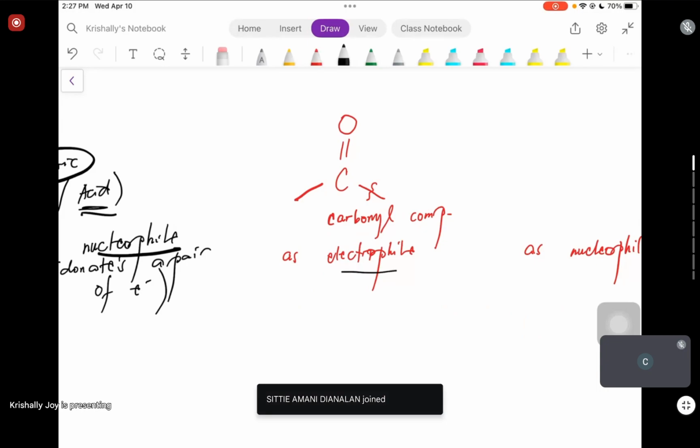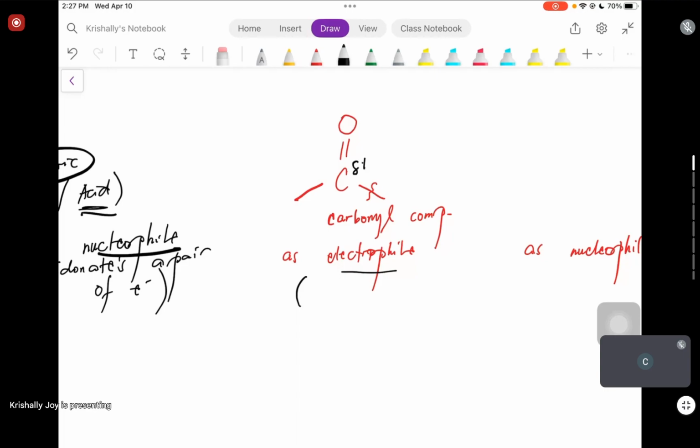As electrophile, it acts as electrophile if the reaction occurs at its positively polarized carbon. Kasi between the two, oxygen is highly electronegative, diba? Highly electronegative, so it will pull more electrons towards itself.